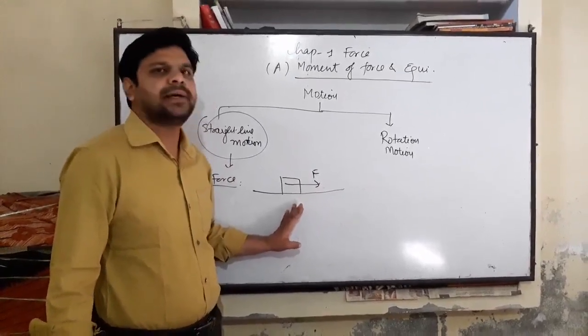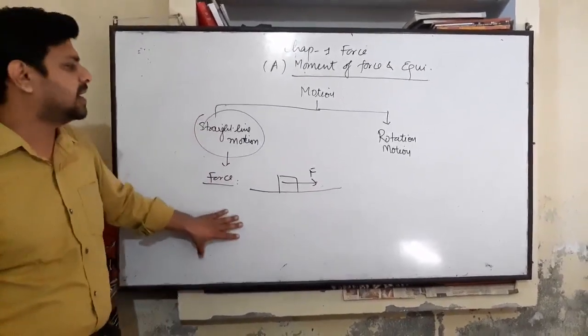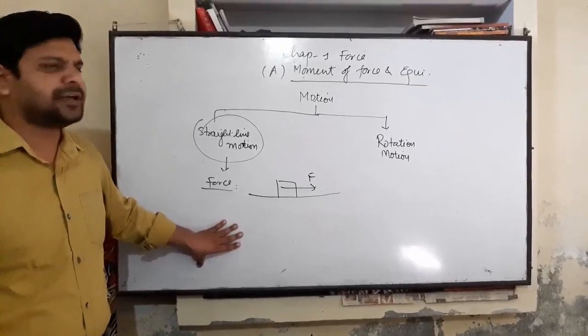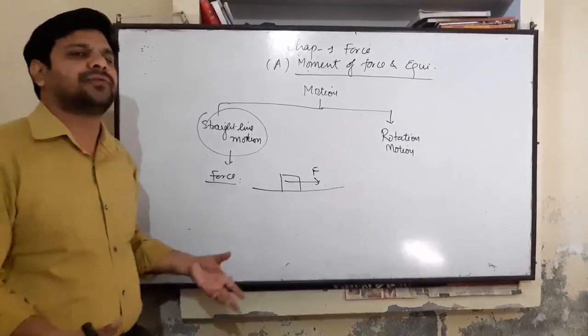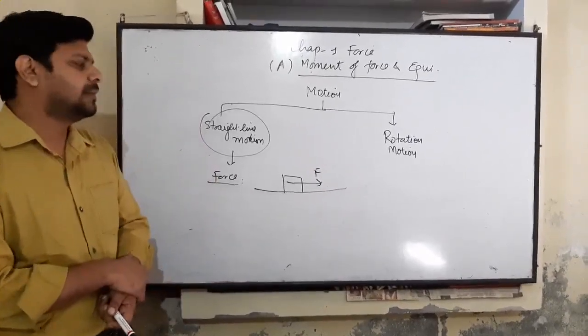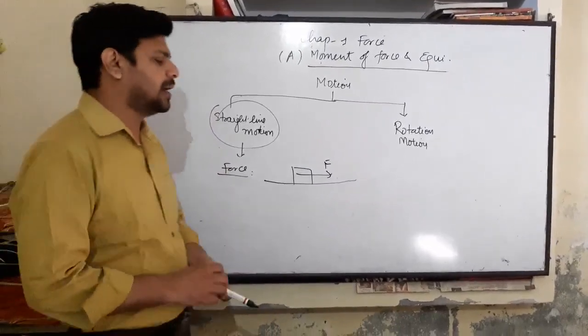So we can say the straight line motion of any object is due to force, or more precisely you can say net force. If we apply some non-zero net force on any object, it will move but in a straight line.